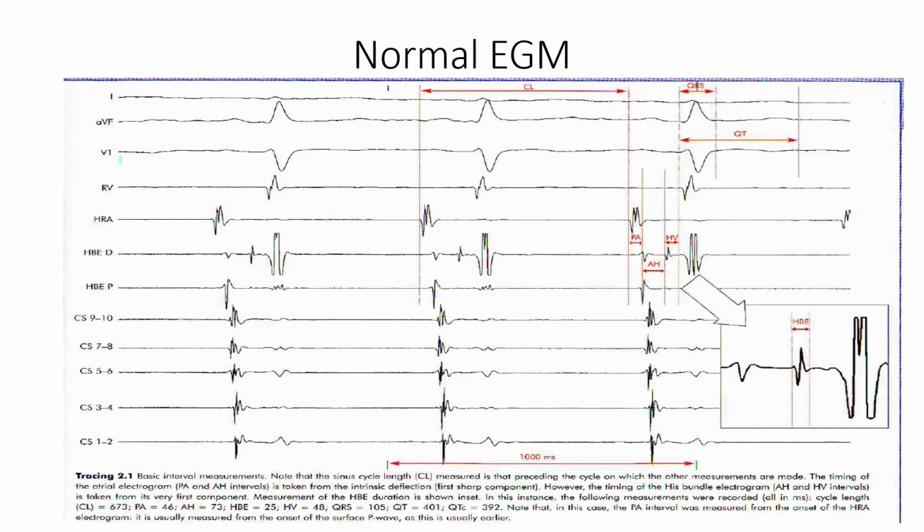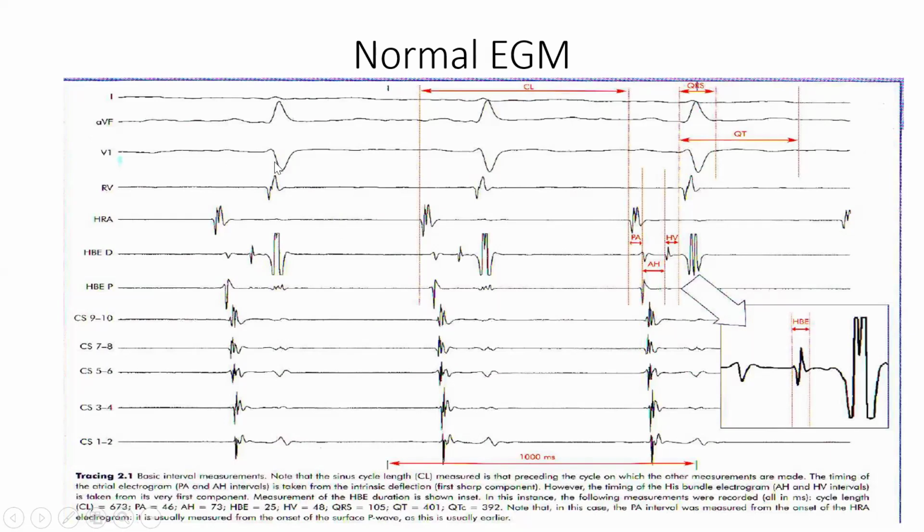Just to further buttress what we were saying before, conduction starts from the high right atrium and ends in the RV apex, or the left ventricle. Remember we said that the His catheter can sense both the atrium and ventricle because it lies in the atrioventricular groove. So the last spike in CS1 and 2 is talking about the lateral wall of the left ventricle.